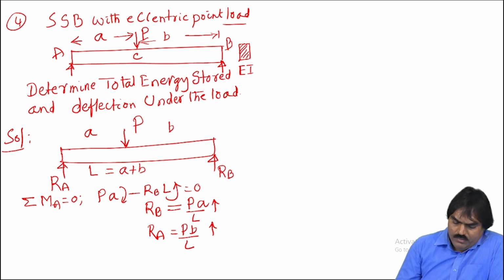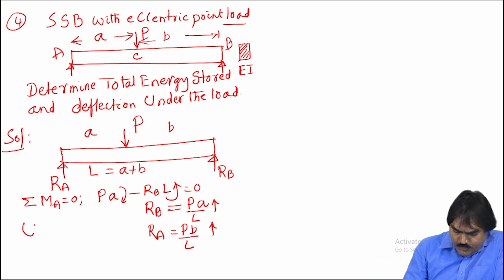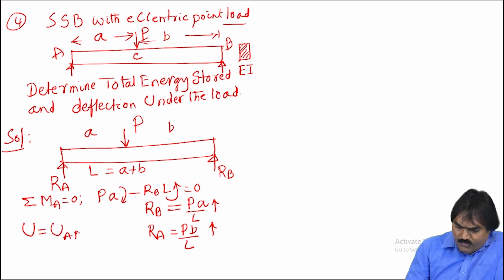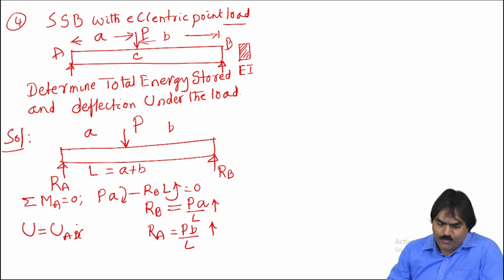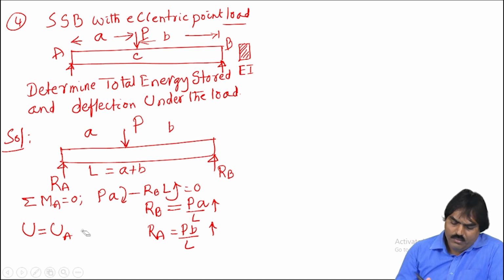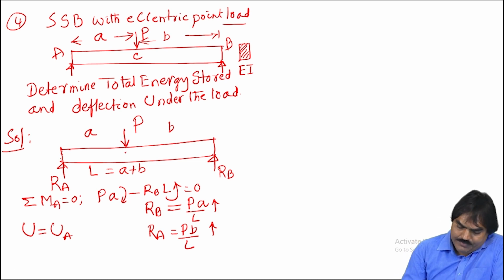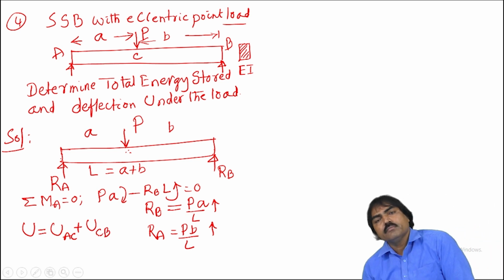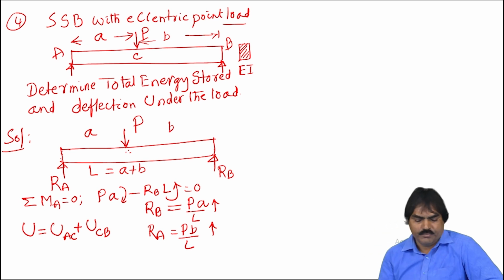Then, the energy in the structure U is given by the energy in the portion AC plus the energy in the portion CB, so that we get the total energy in the structure. This is the total energy.